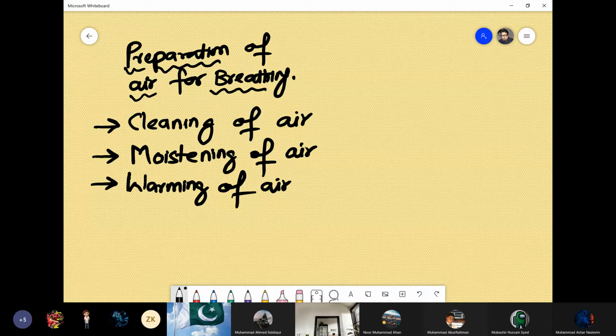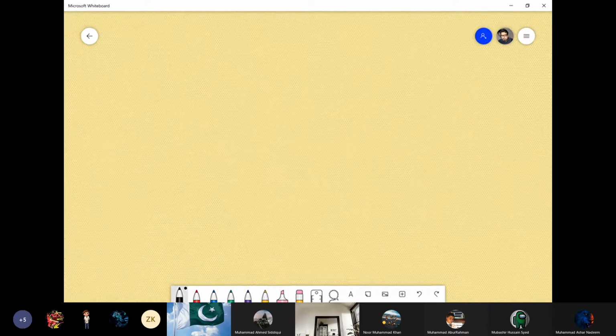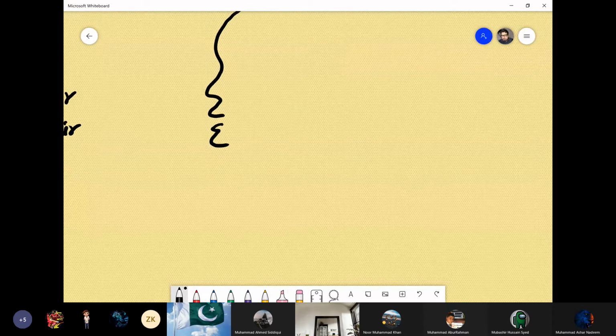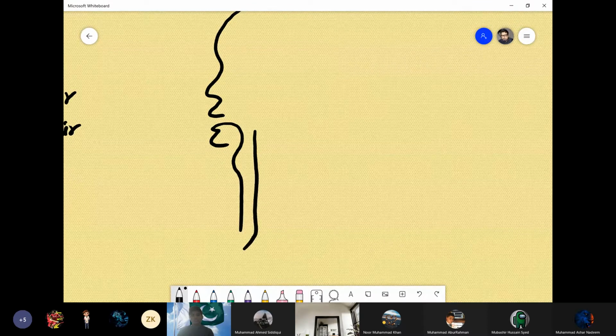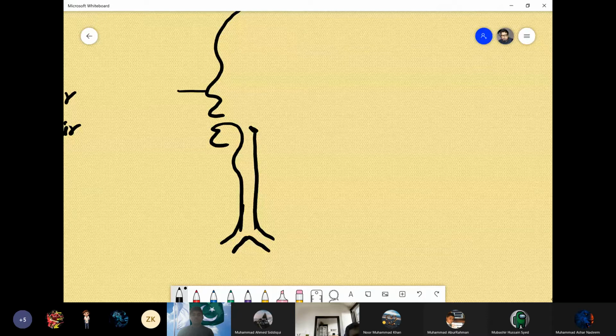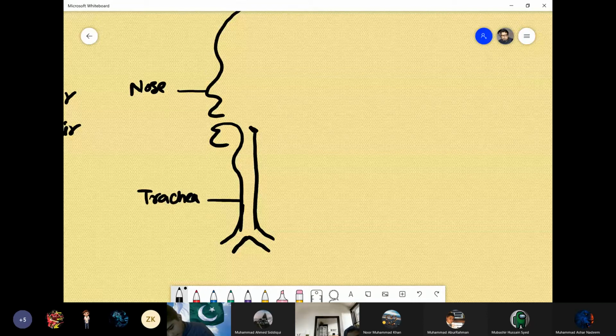Now, if you guys remember this diagram I taught you last time, this is the nose, and this over here is the trachea.